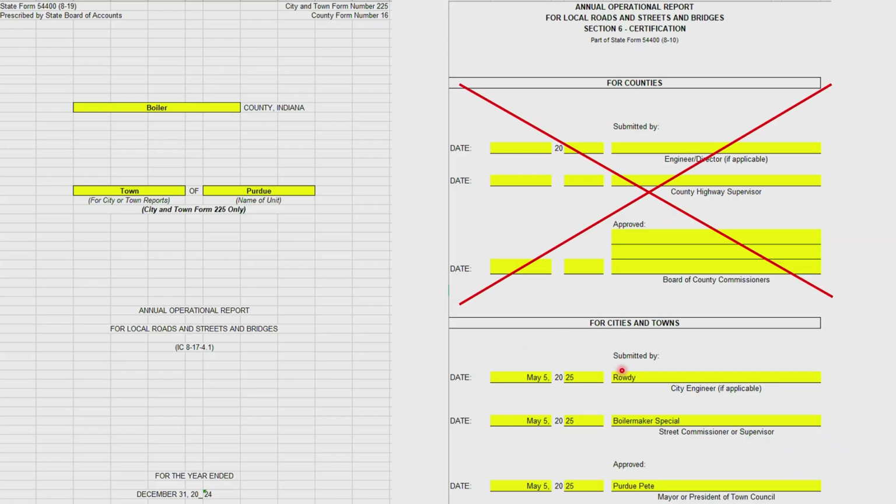There are ways probably to do it, but what it says is keep the signed copy for your records for the State Board of Accounts. So it doesn't need to be signed. What you do is just type in the name of that city engineer or street commissioner and the mayor or president of the town council in the corresponding categories if you're a city, town, or county.